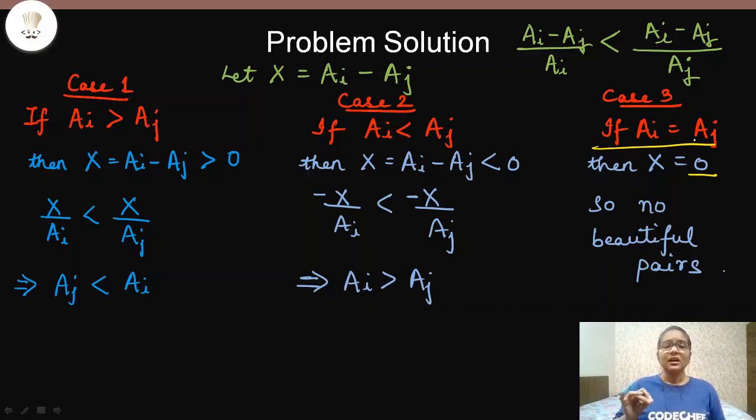So guys, after seeing these cases, what we have to do is avoid pairs where AI is equal to AJ. So we have to find out how many such numbers are repeated in the sequence, and then we can find the final solution.